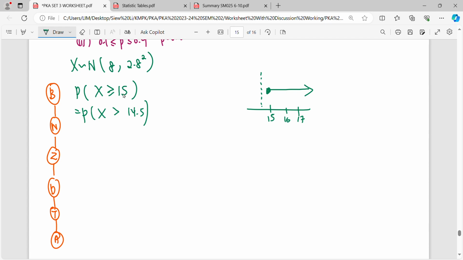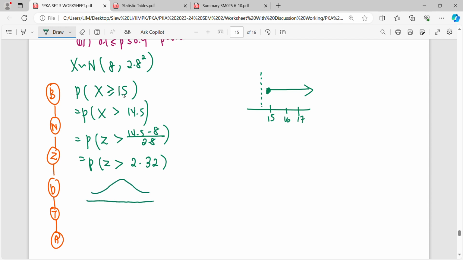Okay, so after you get to the normal, we change to Z, which is x minus mean over standard deviation. So what is your Z score here? 2.32. Give it to 2 decimals because our Z score table only displays 2 decimals. 2.32 or more, so we can read this directly because this is a right tail table.